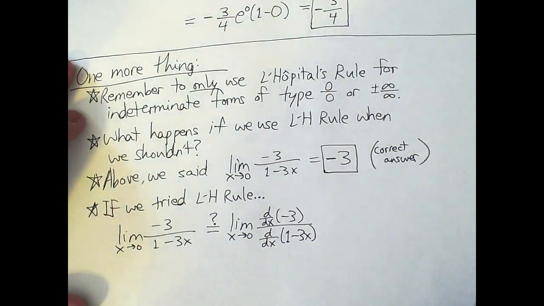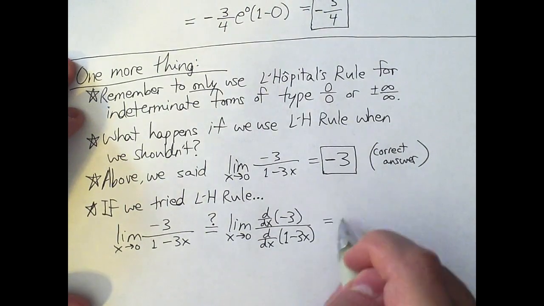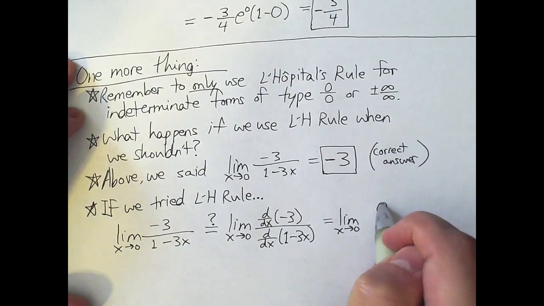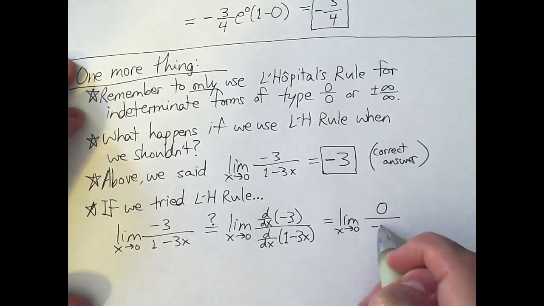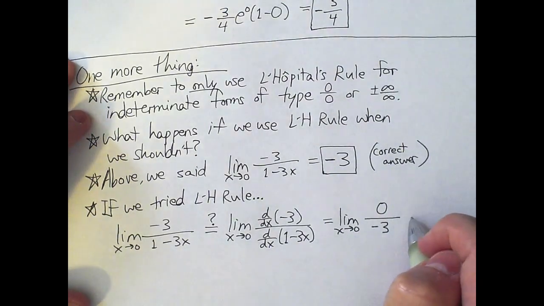Remember, what I'm doing here is wrong. We should not be using L'Hopital's rule here. But I guess I would get limit x goes to 0 of 0 up top, -3 on the bottom. And then you'd say, oh, well, 0 over -3 is 0.